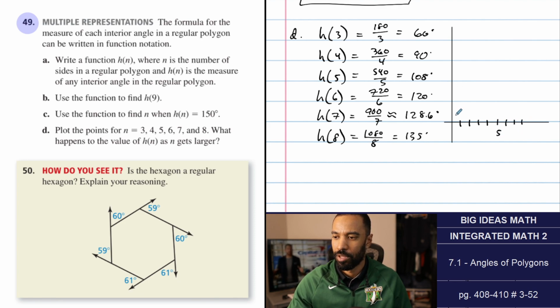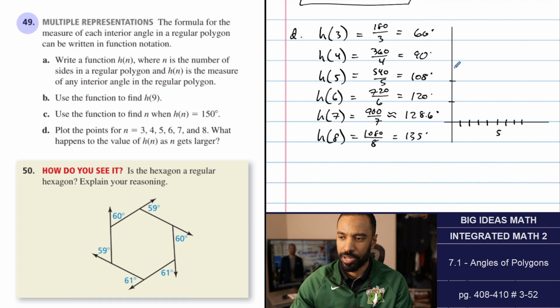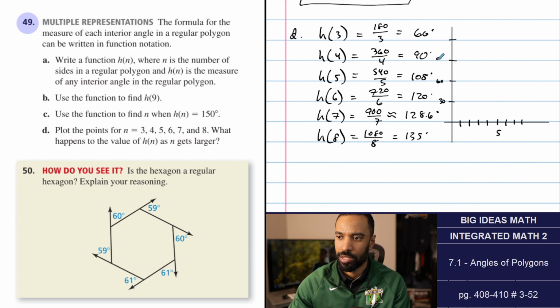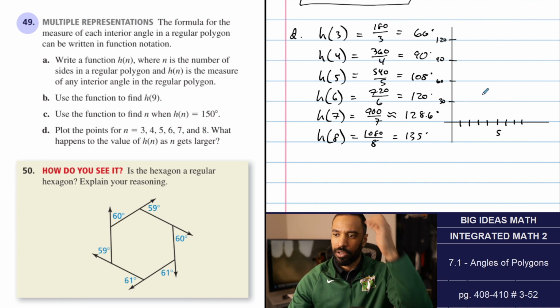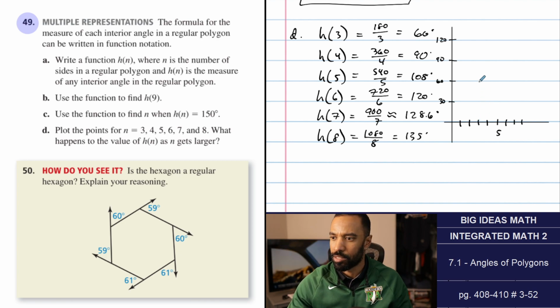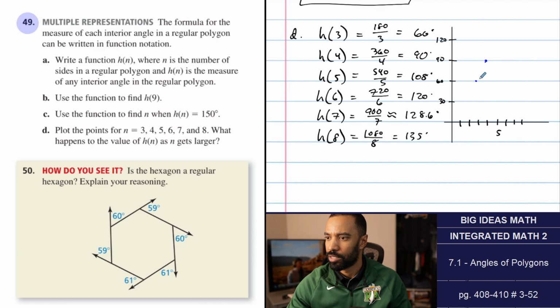Here's 5. I'll do 30s. 30, 60, 90, 120. Here's 3, 60, 4, 90.